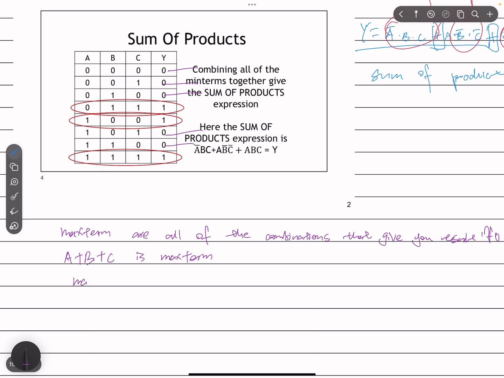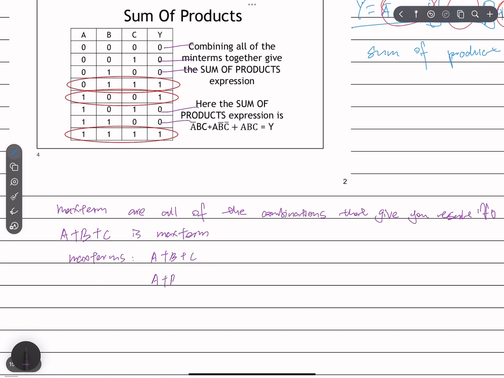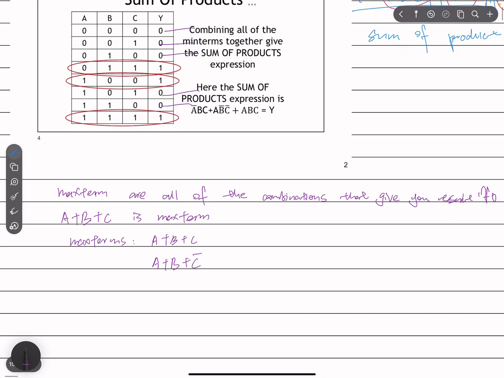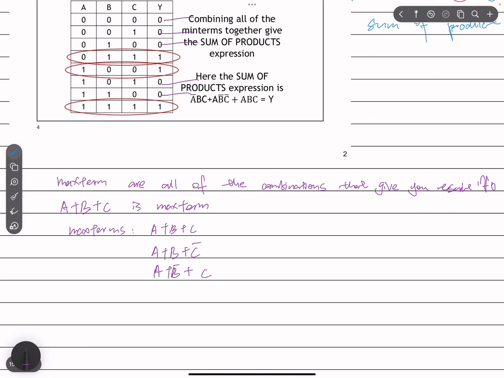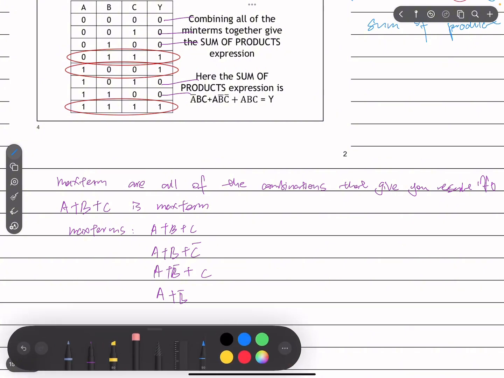So for all the maxterms from the truth table, that would be A plus B plus C. We also have A plus B plus C bar. And the 0 will be A plus B bar plus C.